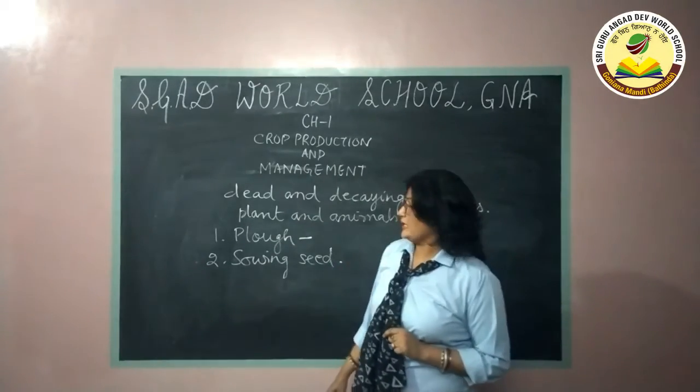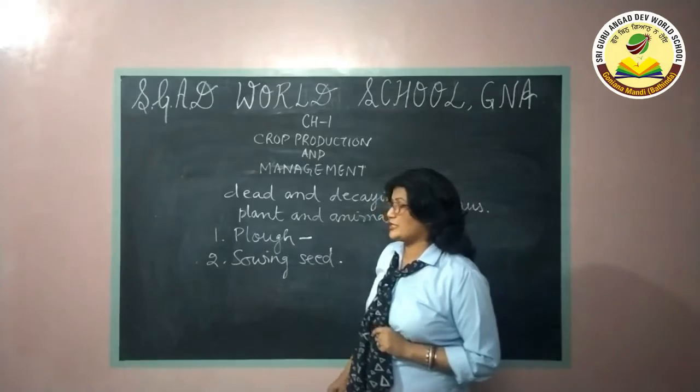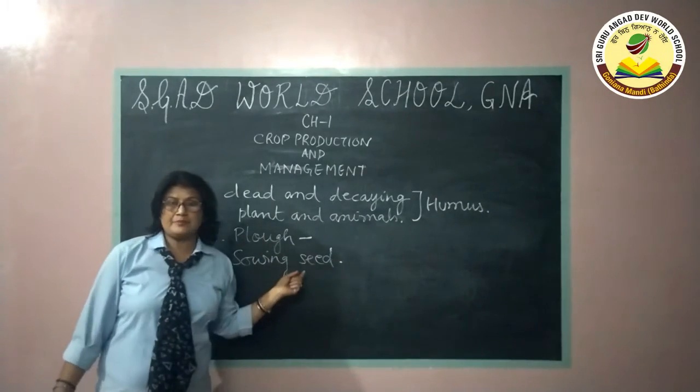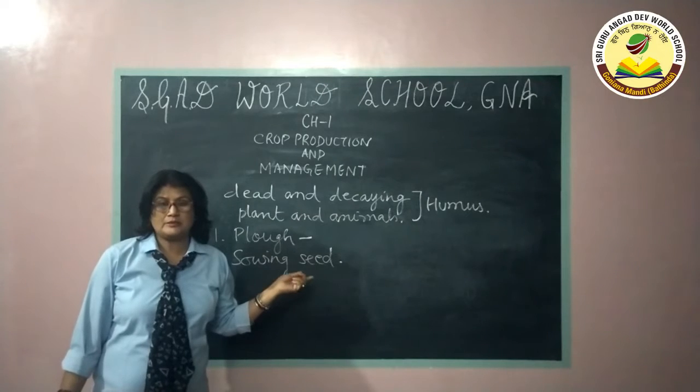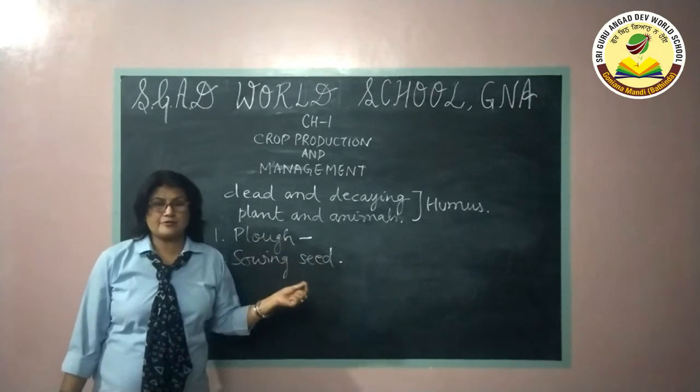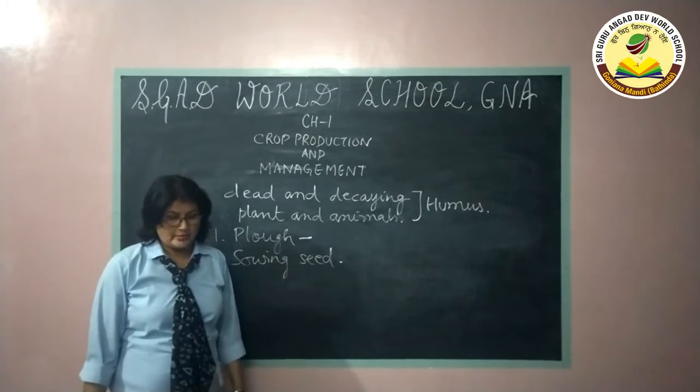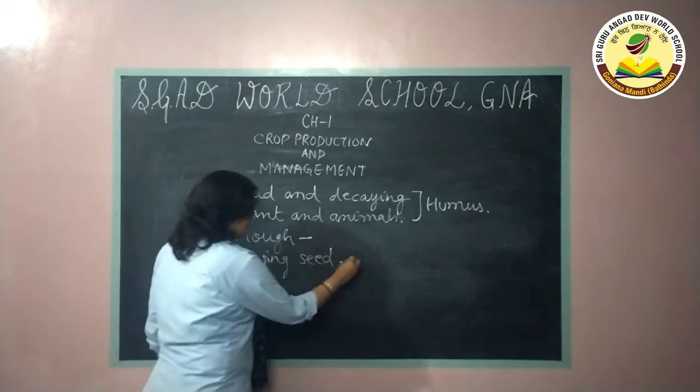For sowing of seeds, we can use traditional tools, that is a funnel shaped implement. In that funnel we can pour the seeds and they will go into the depth of the soil. Second is the seed drill.